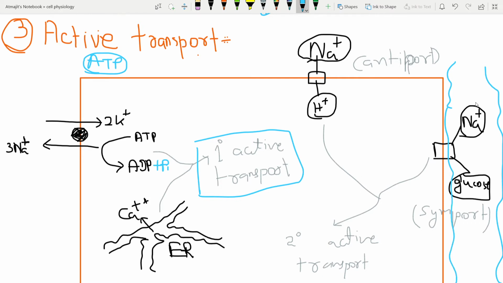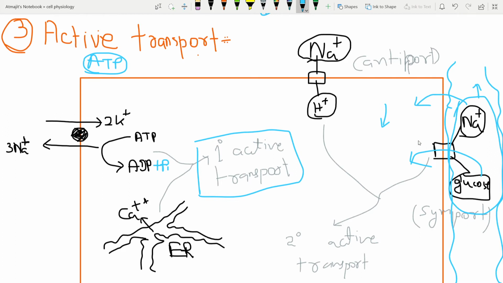Here, we all know that the sodium concentration in the cell is very low and outside is very high. So sodium comes into the cell, and with the sodium, the glucose also comes into the cell.